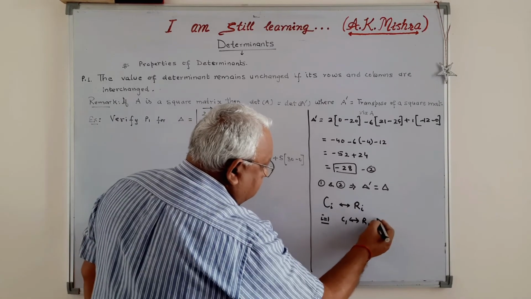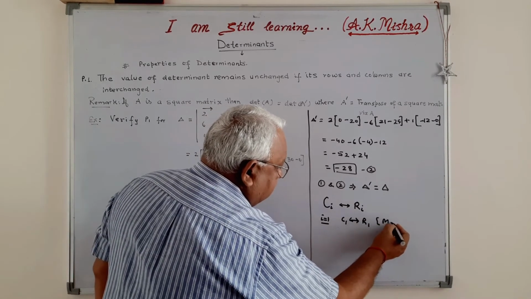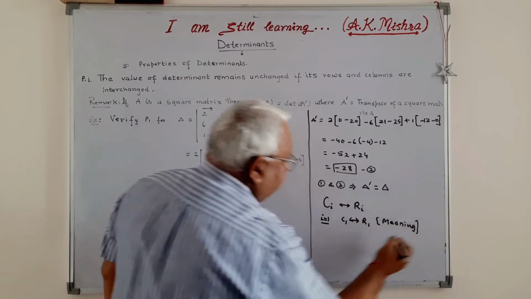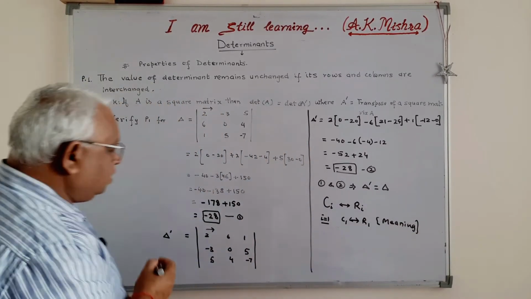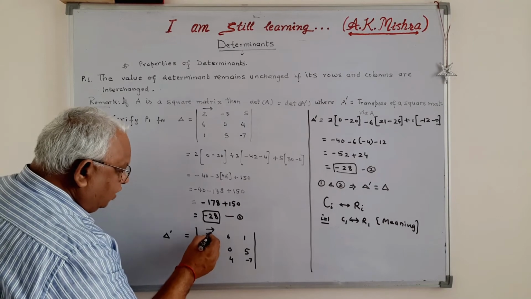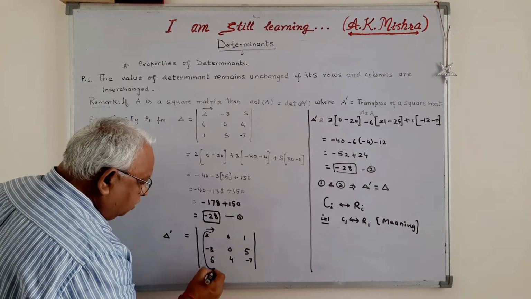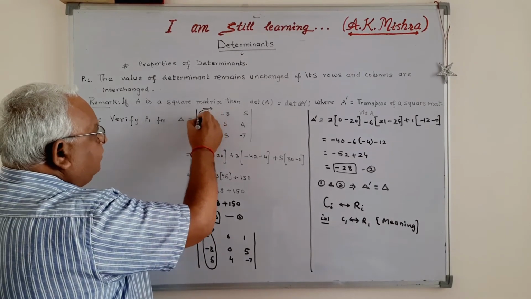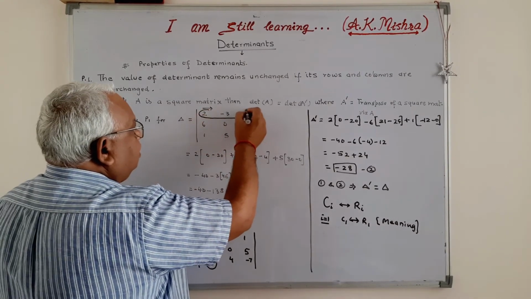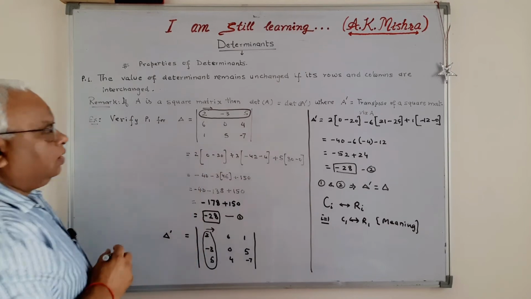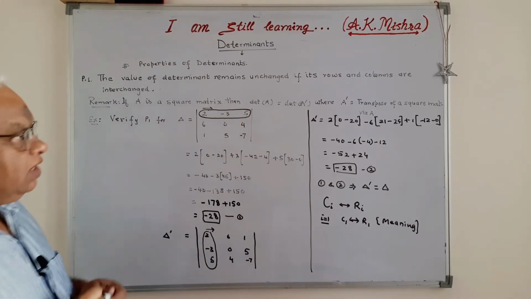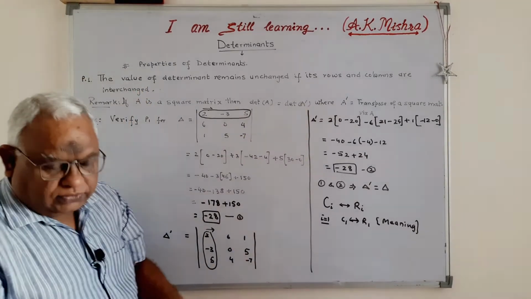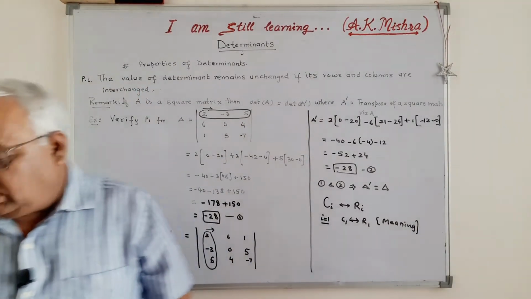That is the meaning, which you can understand here. This is C1, which is changed with R1. So basically it is this interchange operation which is working here. So this is property number 1.